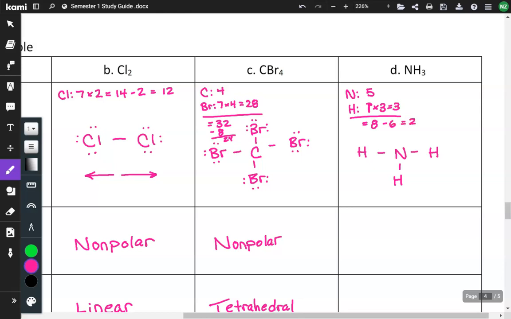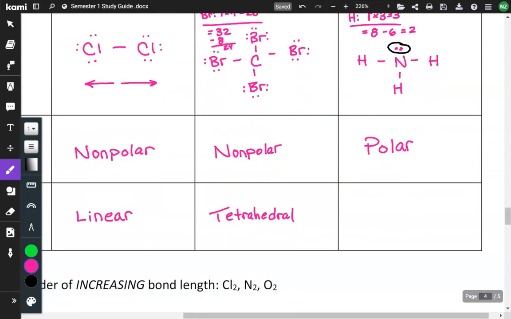Hydrogen, remember, only wants 2 electrons. Nitrogen wants 8, so it has 2, 4, 6. It needs 2 more. Because of these last 2 that we just put on the central atom, this is going to be polar. And 3 things attached, 1 lone pair. This is going to be trigonal planar.